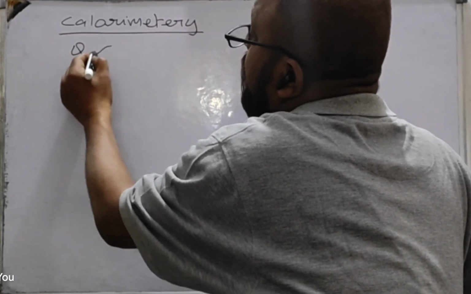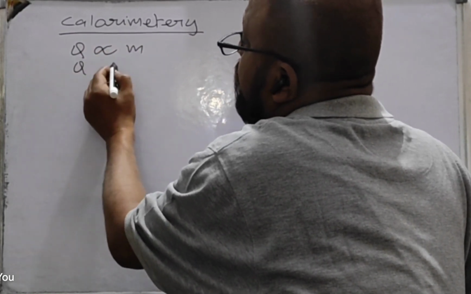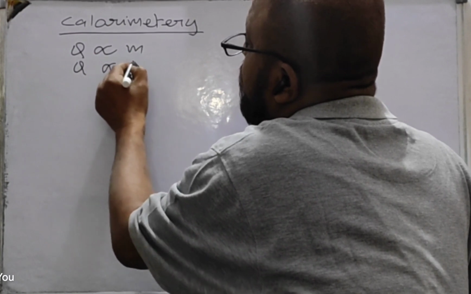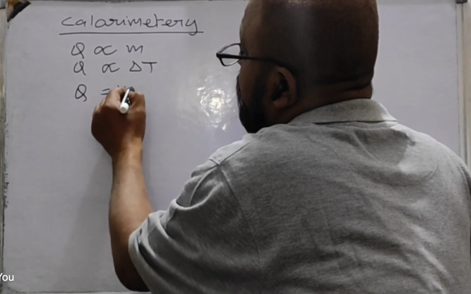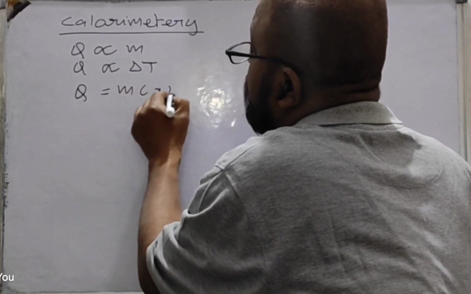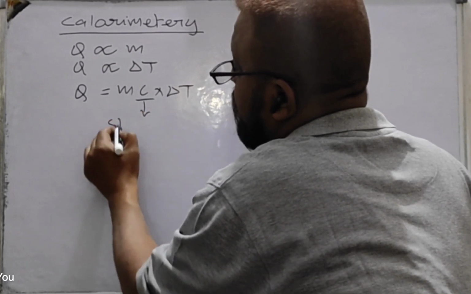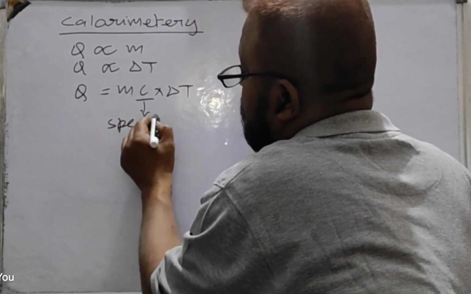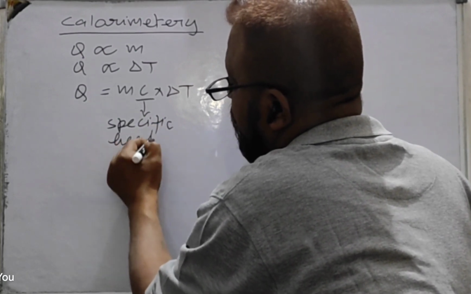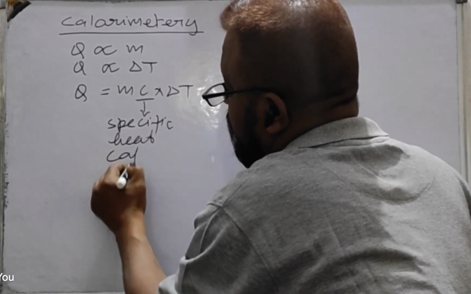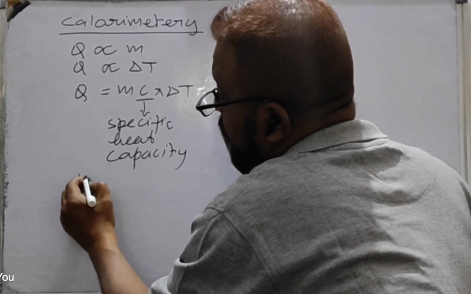In calorimetry we say Q, the amount of energy given, is directly proportional to mass, and directly proportional to the change in temperature, capital T. So Q is proportional to m into delta T. If we remove the proportionality sign, then Q is equal to m into C into delta T, where C is the specific heat capacity.